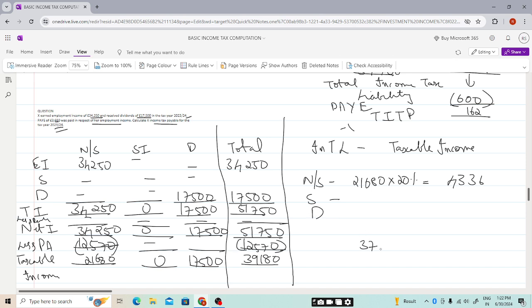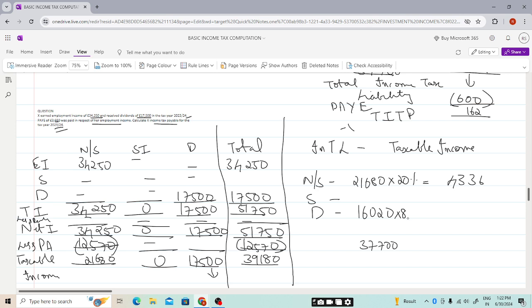What is the limit? The basic rate limit is 37,700. So 37,700 minus 21,680, the basic rate limit remaining is 16,020. The total dividend is 17,500, which is taxable, but only 16,020 lies within the basic rate limit.